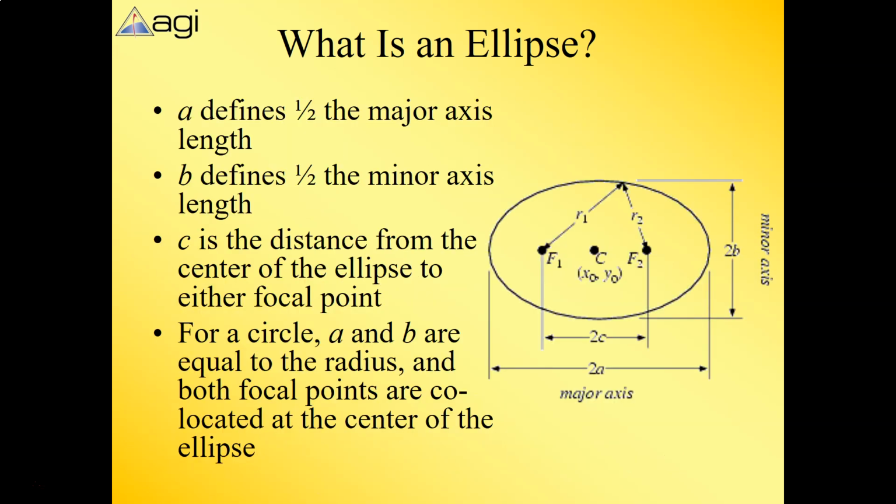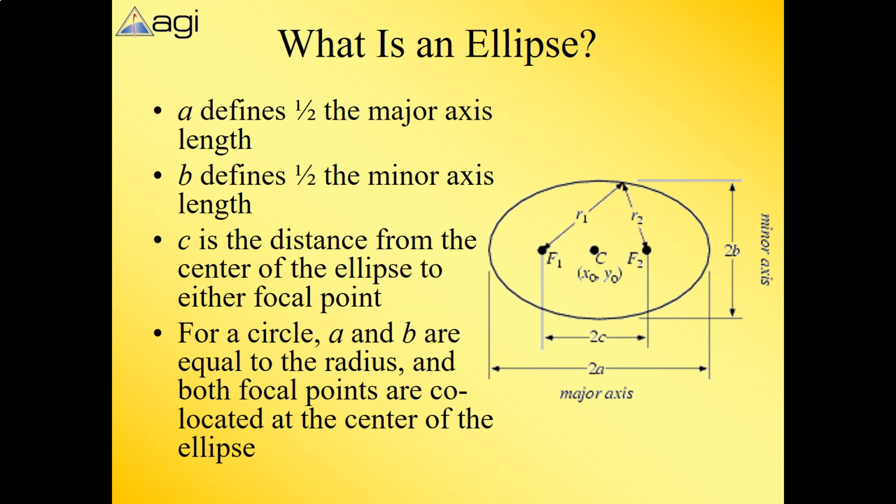So let's break this ellipse down just a little bit further. A, this A here, defines half the major axis. B, that's this B here, defines half the minor axis. The major axis is kind of like a diameter.